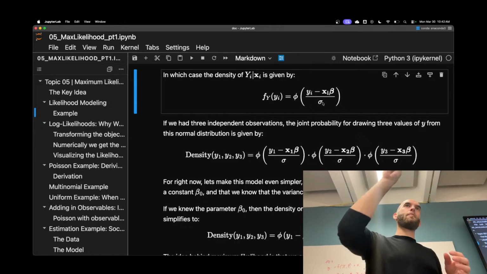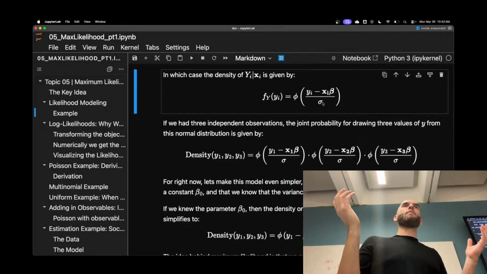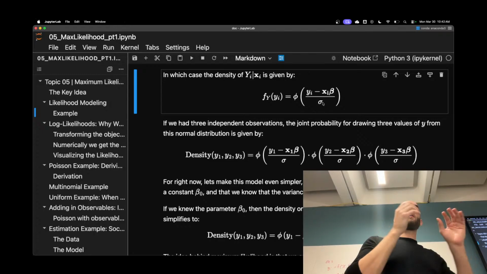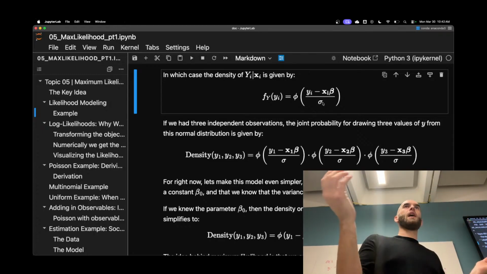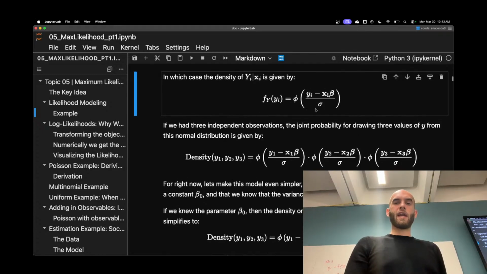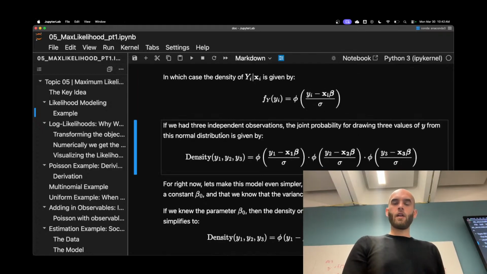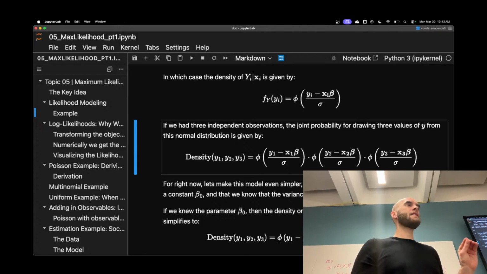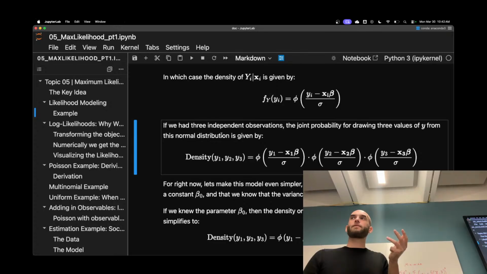So this on top, it's just the error terms, and those would be centered on 0. And then I'm just standardizing it by the standard deviation. And let's say for simplicity here at the beginning, we have 3 observations.